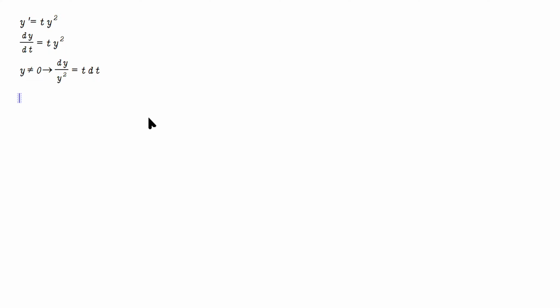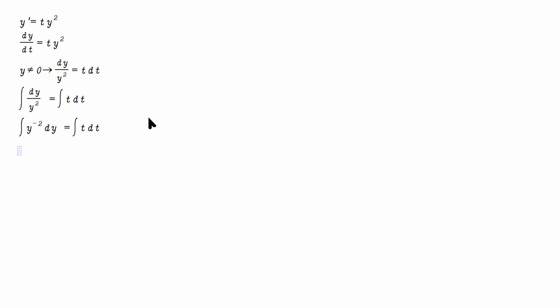Let's continue from here. We're just going to anti-differentiate, so the antiderivative of dy over y squared, and the antiderivative of t dt. The power rule on both sides, so this is y to the negative second dy, and here you have the antiderivative of t dt still for now.